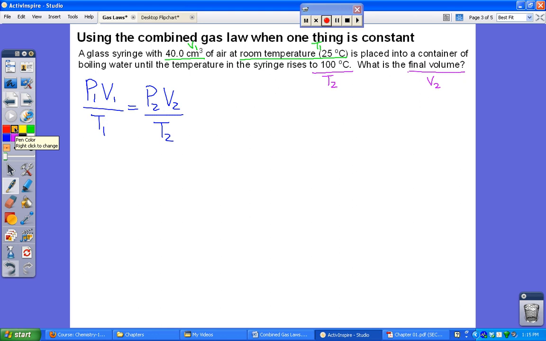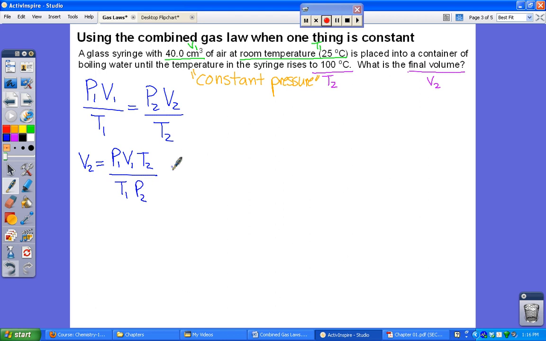So let's see what happens if this is done under constant pressure. That's the phrase, constant pressure. That means that it does not change. Are there any shortcuts that we can take? Well, if we take the combined gas law equation and we solve for V2, we get the same thing we got last time: P1 V1 T2 over T1 P2.